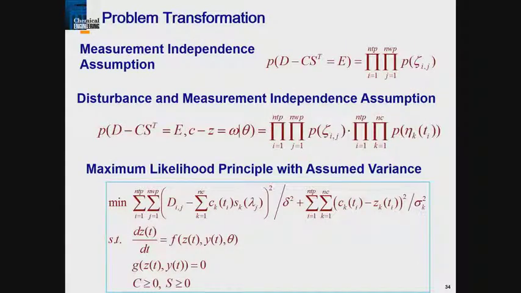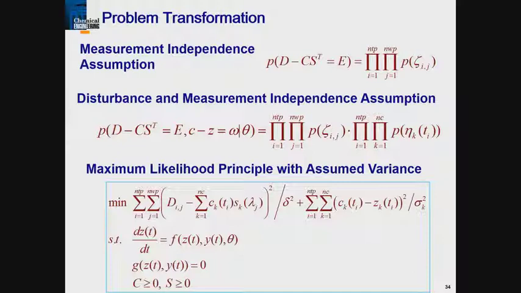Well, it's not pretty. So here we make an assumption on independent measurements over time and wavelength. What we also have to realize is that this probability is going to be made up of the noise of the instrument and the noise in the model itself.